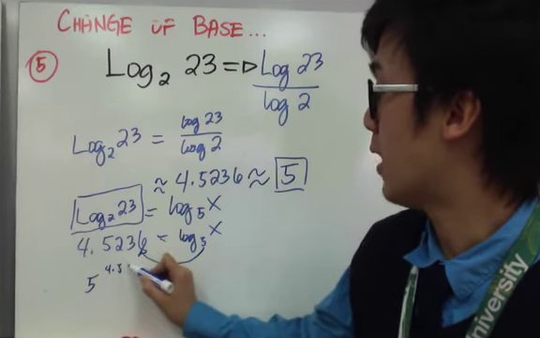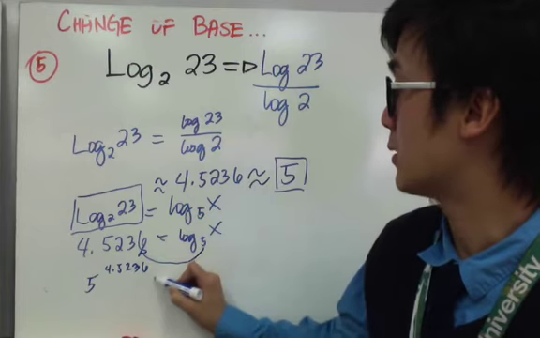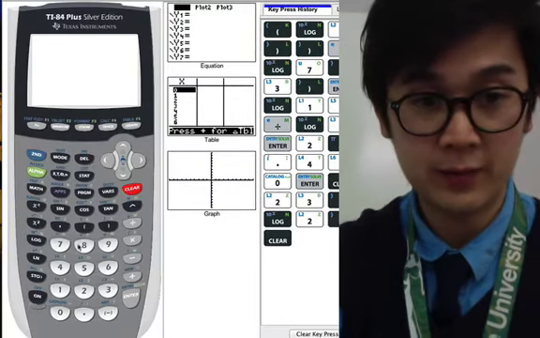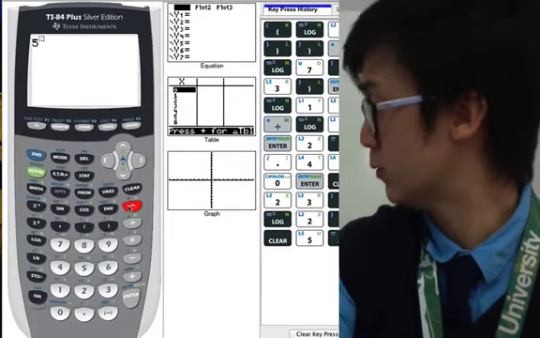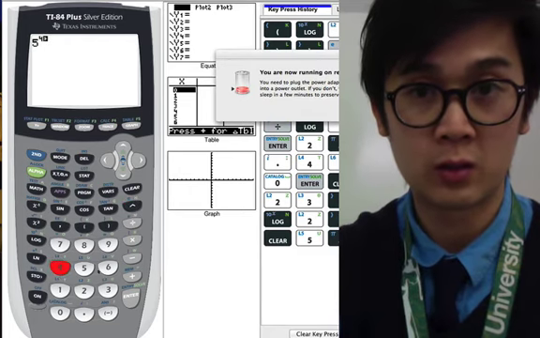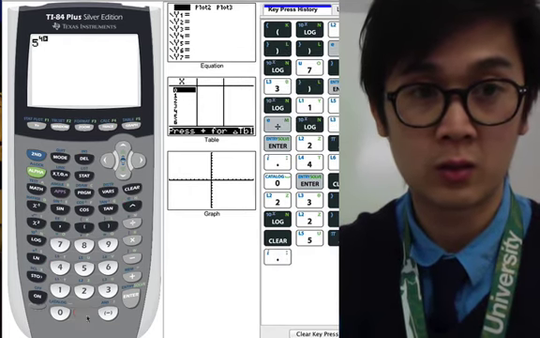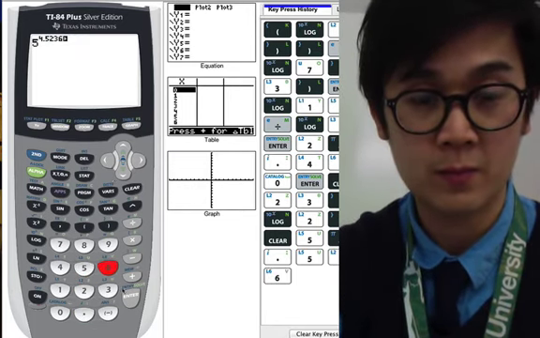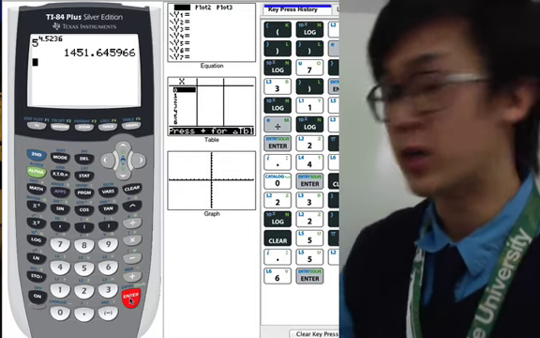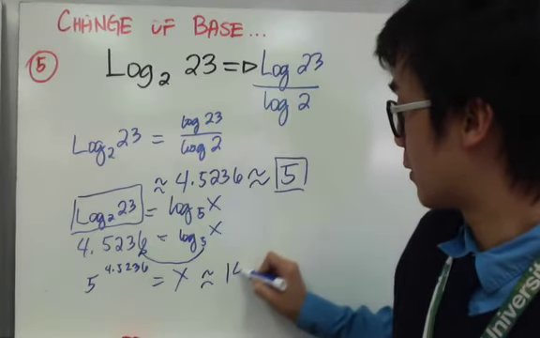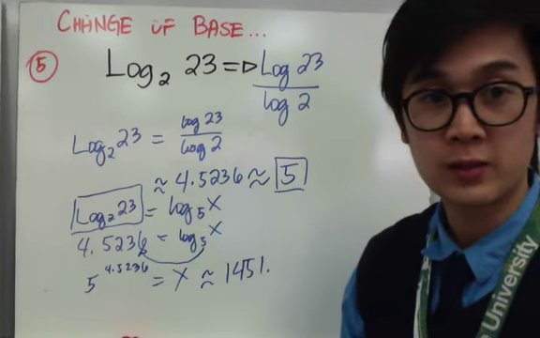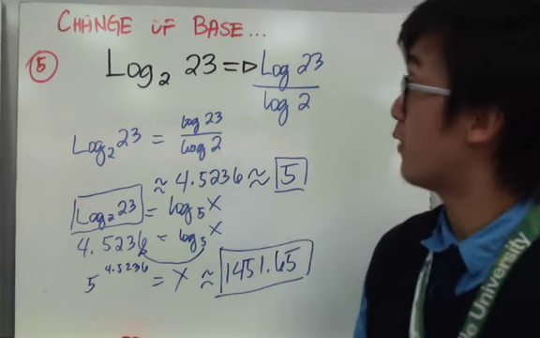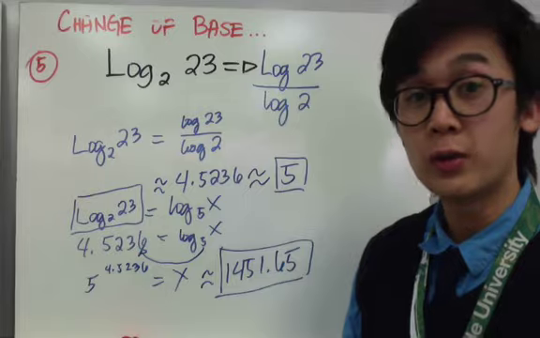And using our calculator, 5 raised to 4.5236 is equal to 1451.65. And this is the value of our logarithm of 23 base 2 using the change of base formula.